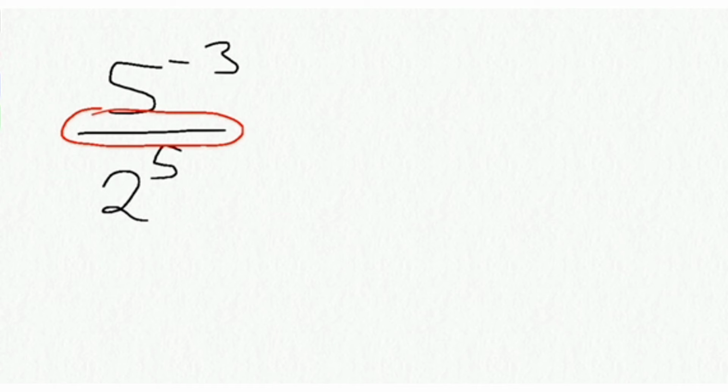The same applies to this denominator, 2 to power 5. If you do not want to write 2 to power positive 5 and you want to change it to negative, just bring it up here and then you write 2 to power negative 5.